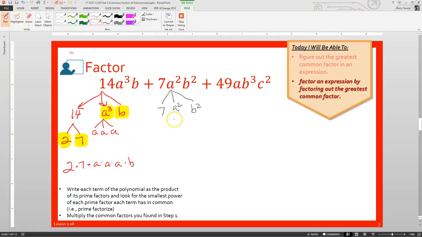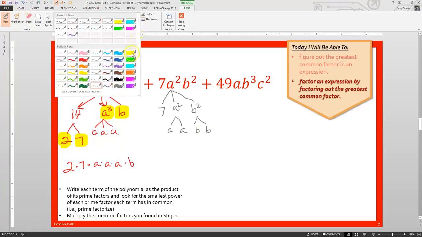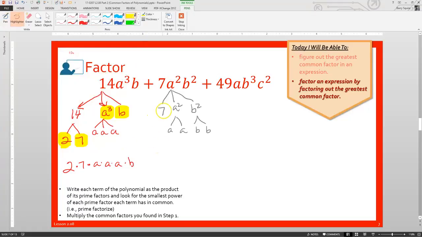And then again, to be super technical, let's call this a times a, and let's call this b times b. So our prime factors are right here, and we might write that as 7 times A times A times B times B.